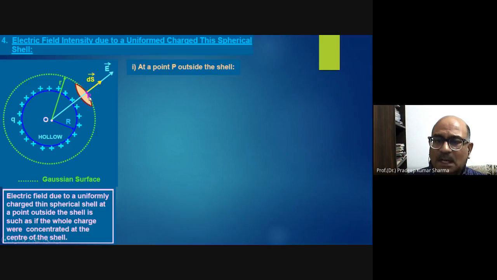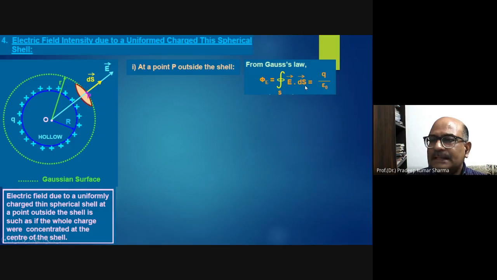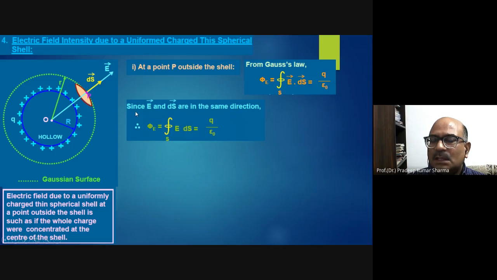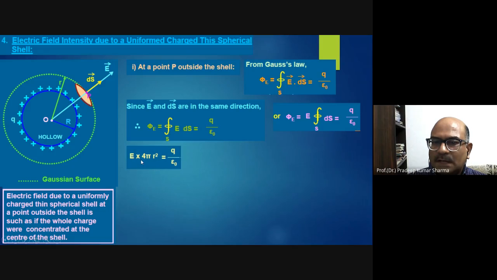So electric field due to a uniformly charged thin spherical shell at a point outside the shell is such as if the whole charge were concentrated at the center. So whatever charge we are distributing here, for this point P, it will be considered as if it is at the center. So we will prove it. Suppose this point P is outside this blue shell. So we can find the integral of E dot ds, that is Q by epsilon naught, and E and ds are in the same direction, so E dot ds has 0 degree angle, with the maximum value. So the surface of ds is 4 pi r square, small r square, for this Gaussian surface.